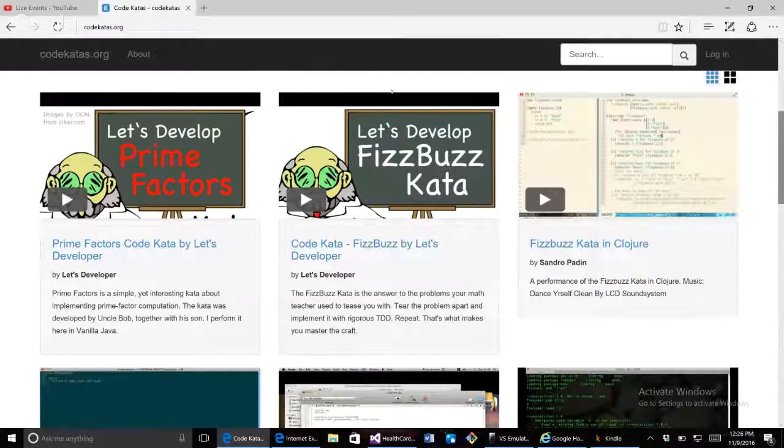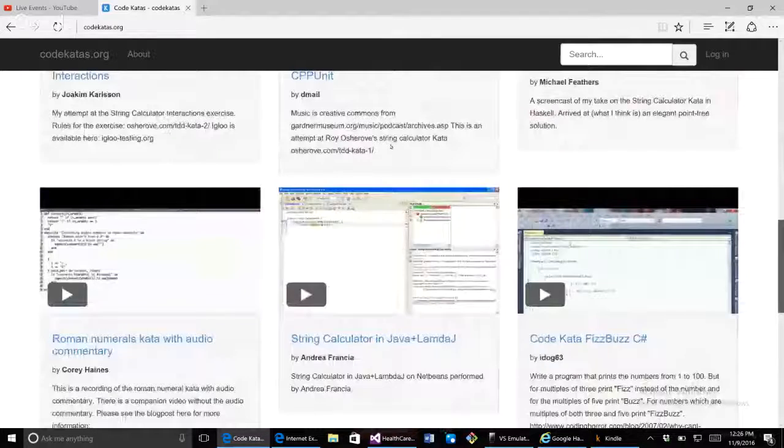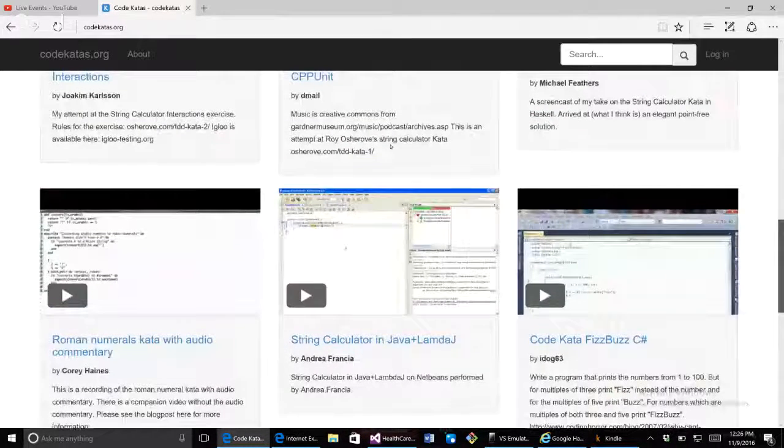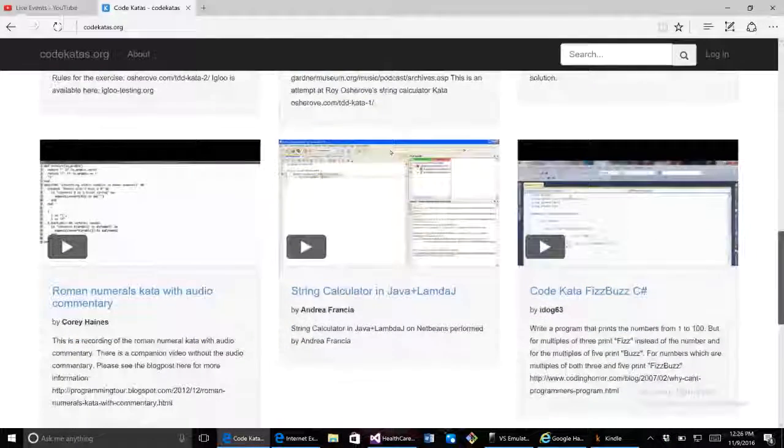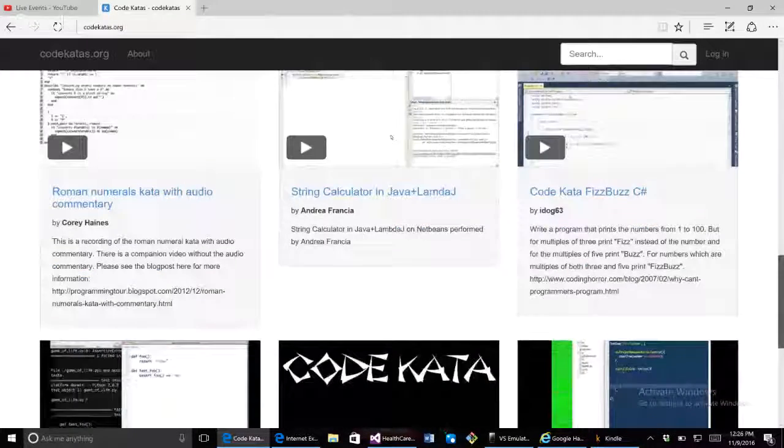FizzBuzz, and of course they demonstrate it in different languages. But essentially, I recommend that you go to a site like this to take a programming challenge and do it in F sharp, since F sharp is your language of choice for learning. String calculator, Roman numerals. There's a couple of FizzBuzz in here.